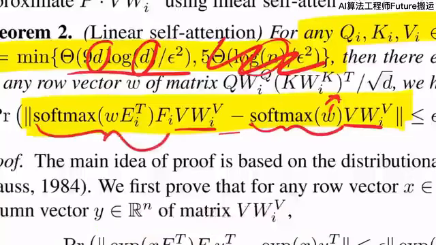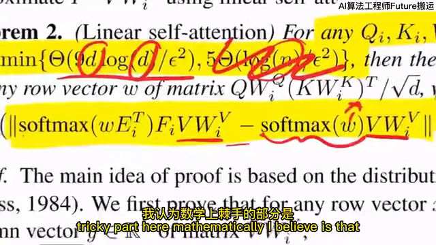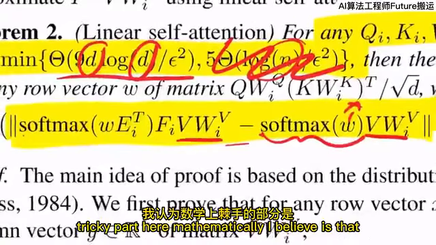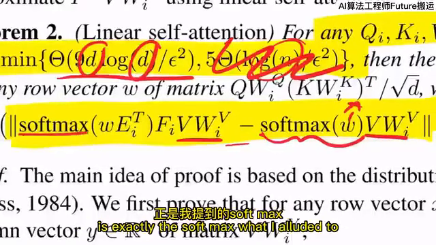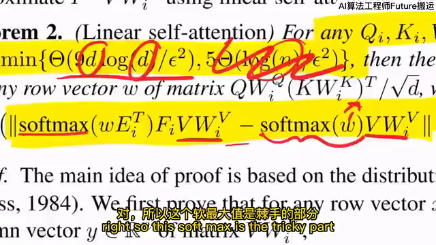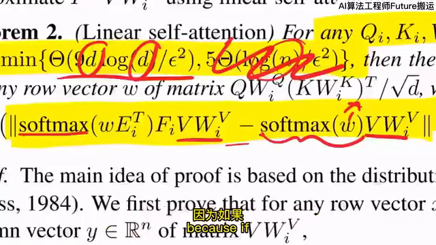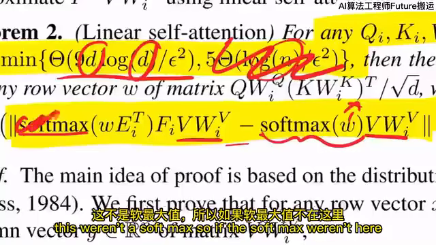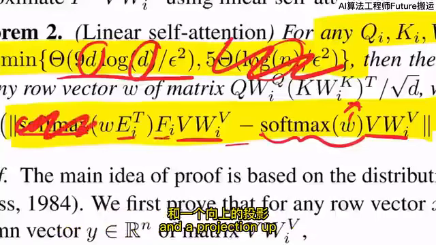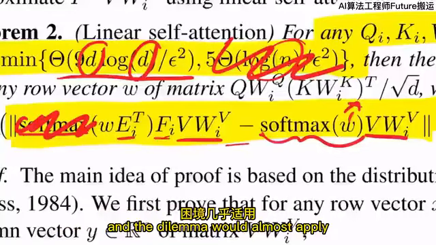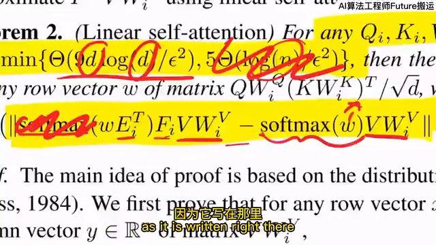Now the tricky part here, mathematically, I believe, is exactly the softmax, what I alluded to, right? So this softmax is the tricky part, because if the softmax weren't here, this would simply be a projection down and a projection up, and the lemma would almost apply as it is written, right?